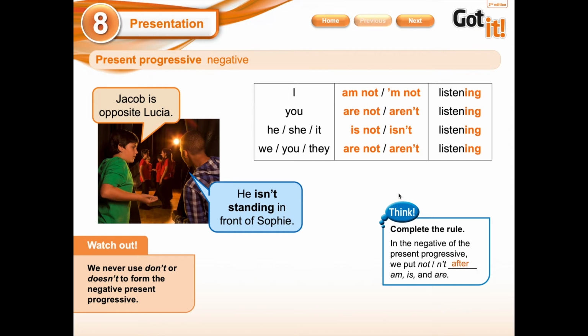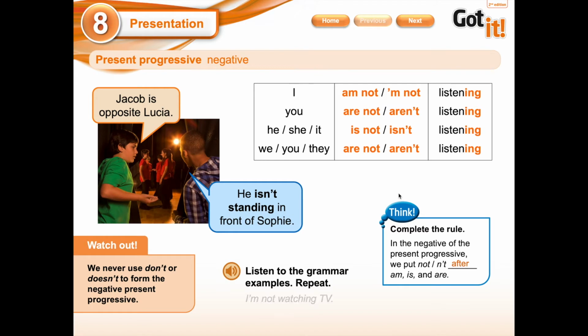Remember that the auxiliaries don't and doesn't are part of the present simple for daily routines, not actions that are in progress. So, try to memorize that you have to use the verb to be: am not, are not, is not, or isn't, aren't.